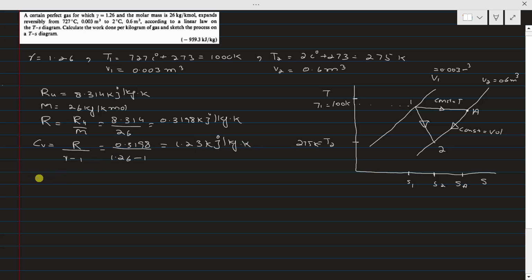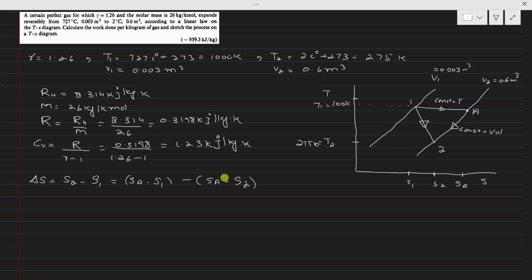Now the net change in entropy is equal to S2 minus S1, and that is equal to SA minus S1, the process 1 to A taking place at a constant temperature, plus SA minus S2, the process A to 2 taking place at a constant volume.